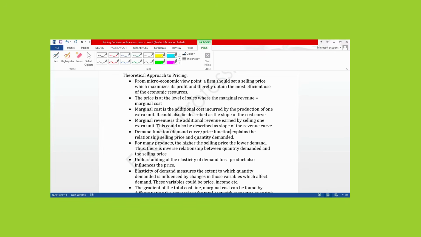The higher the selling price, the lower the demand. The lower the selling price, the higher the demand, all things being equal.